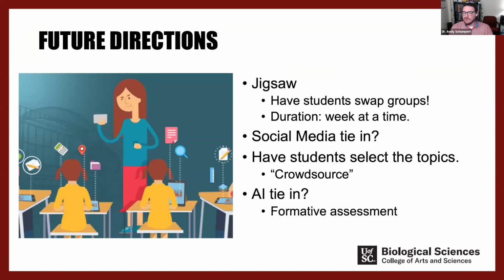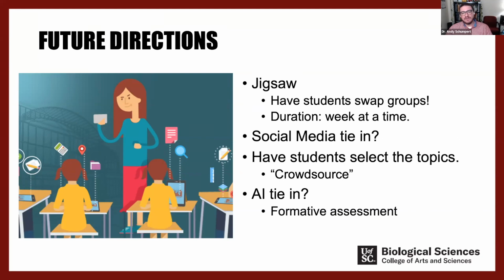But for some future directions for us, here you go, Michelle, here's the jigsaw, right? Maybe there's some way that we could engineer this with asynchronous online. With that, maybe we could have some students swap groups, all sorts of interesting things that we could potentially move around. Maybe there's some sort of social media tie-in.